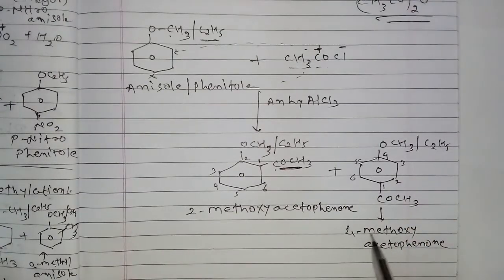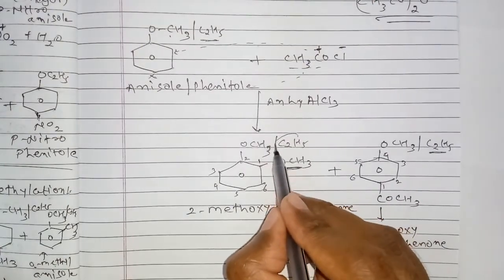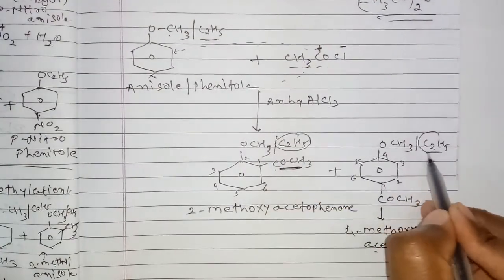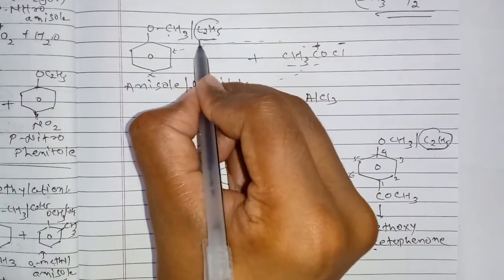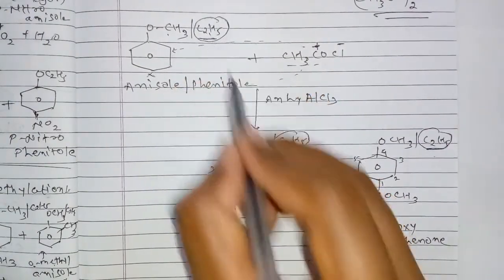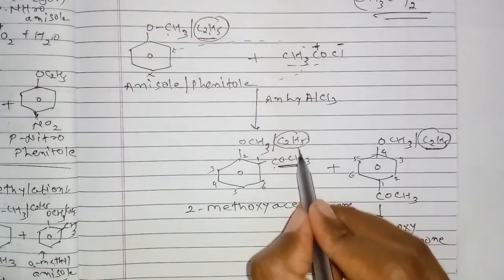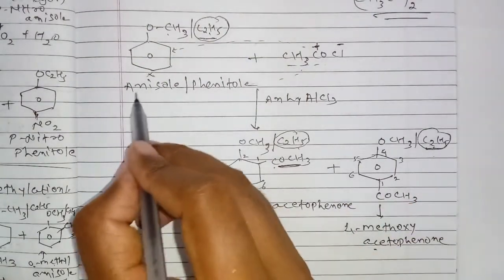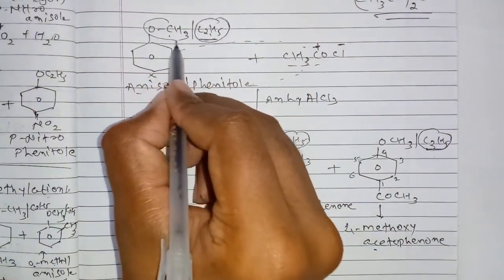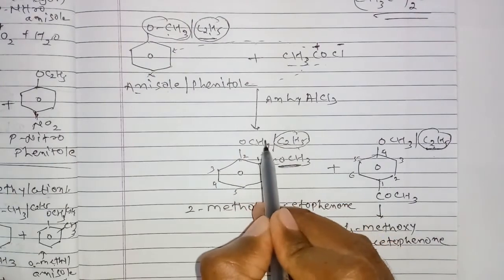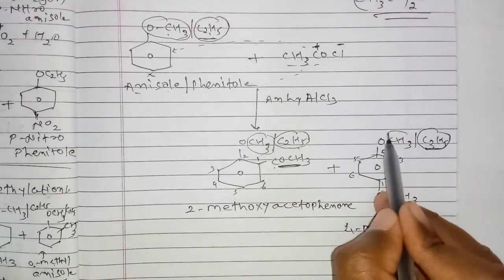It is called 4-ethoxy acetophenone. Okay, so either you can write this for phenitol, C2H5, and for anisole methyl group.